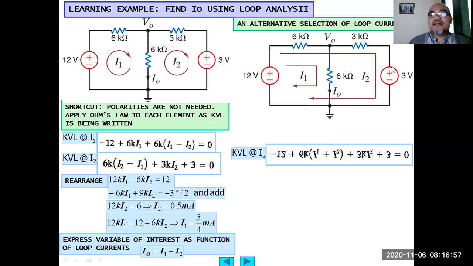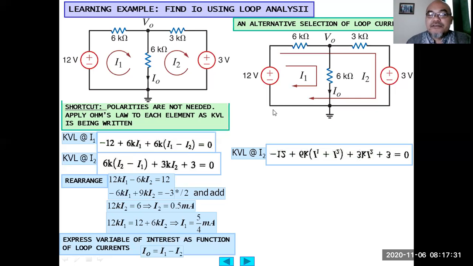Alternatively, we can also choose something other than mesh currents like in this one, because loop current I1 does not enclose I2, and similarly I2 does not enclose I1 either. We could have chosen instead the second loop as the outer loop. Here I1 is the same as in the first alternative, from this node going to this node and back to that node.